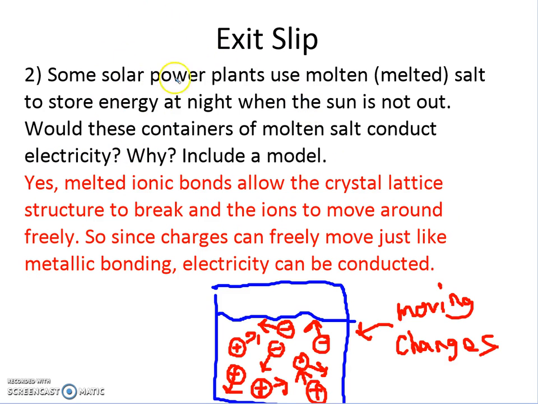Number 2, some solar power plants use molten, which is melted, salt to store energy at night when the sun is not out. Would these containers of molten salt conduct electricity? Why? Include a model. So yes, they would. That's a check. Melted ionic bonds allow the crystal lattice structure to break, and the ions can move around freely.